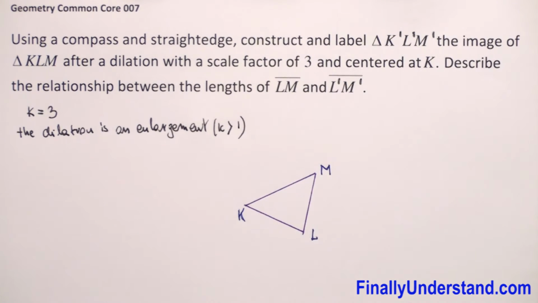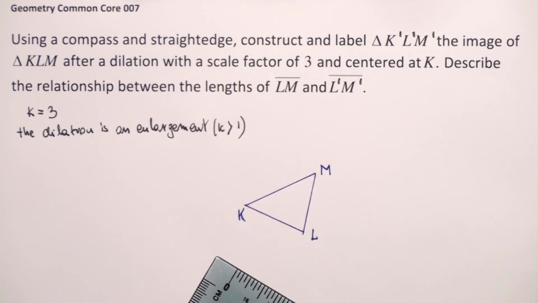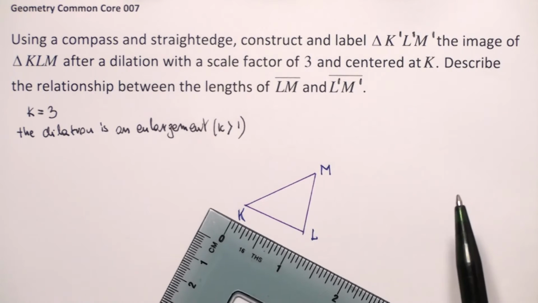So first we have to construct triangle K prime L prime M prime. We have to have a ruler. First, because K is the center of dilation, we need to first extend segment KL.